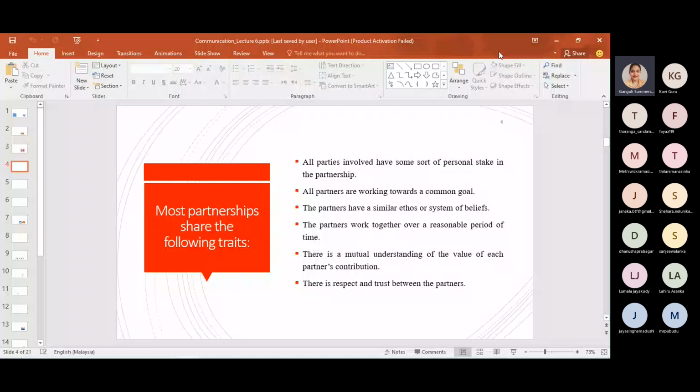Going back to the group work example, almost all the group members are different from one another, but the entire group has a common goal: to do the assignment on time, submit it on time, get good marks, and pass the module.